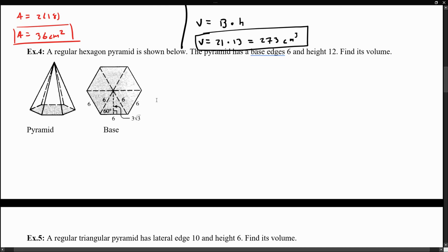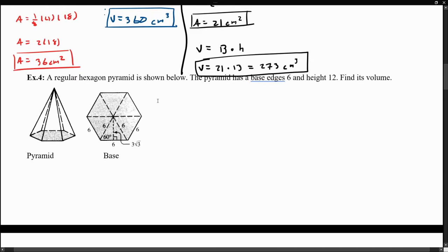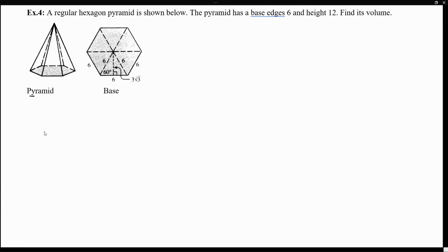But now let's do one example for a pyramid. So let's take a look at example 4. Now, since we're talking about a pyramid, let's remember that the volume of the pyramid is 1/3 times the area of the base times the height.